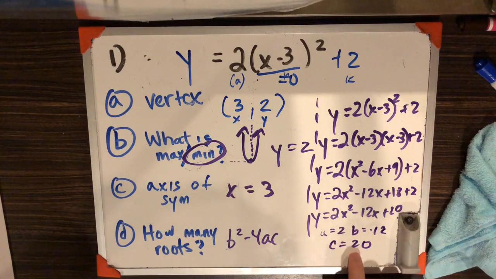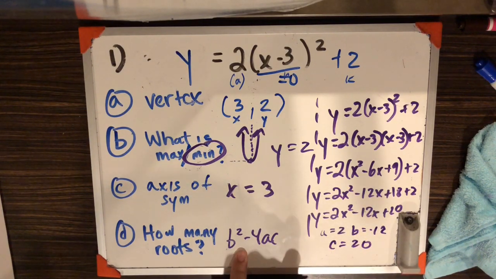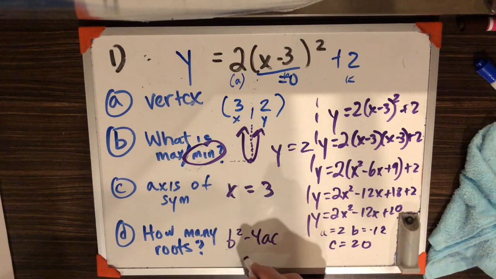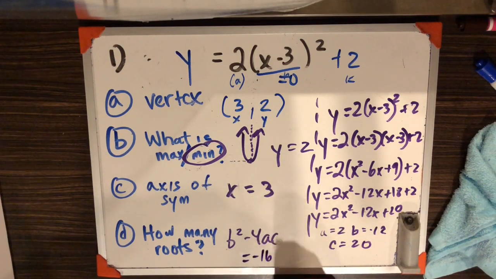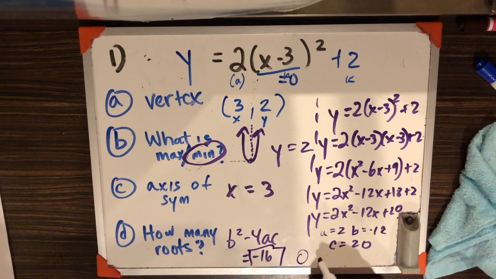I need to put this in b squared minus 4ac, and I end up getting negative 16. Well, negative 16 means this has no solutions, okay? If it's greater than 0, 2 solutions. If it's equal to 0, 1 solution. But if it's a negative number, like this, then you have 0 solutions.